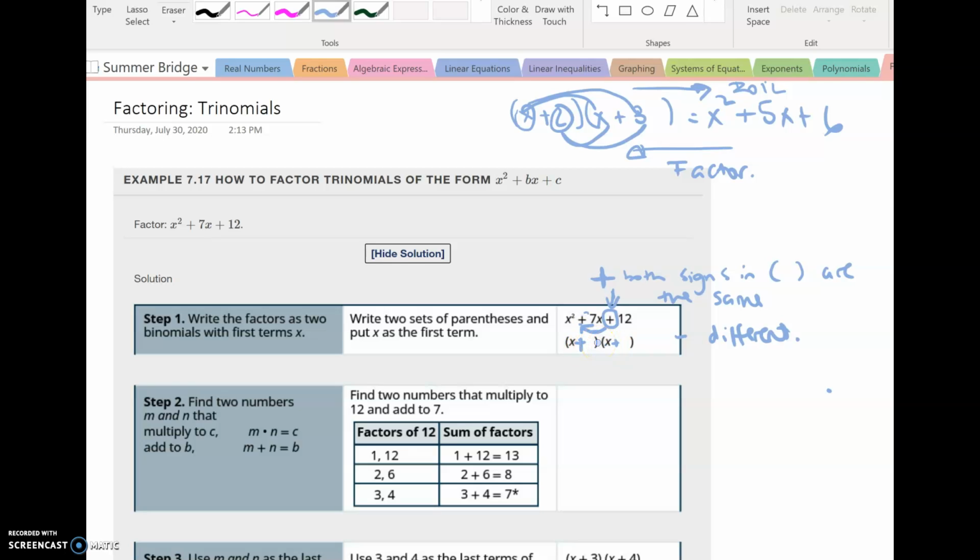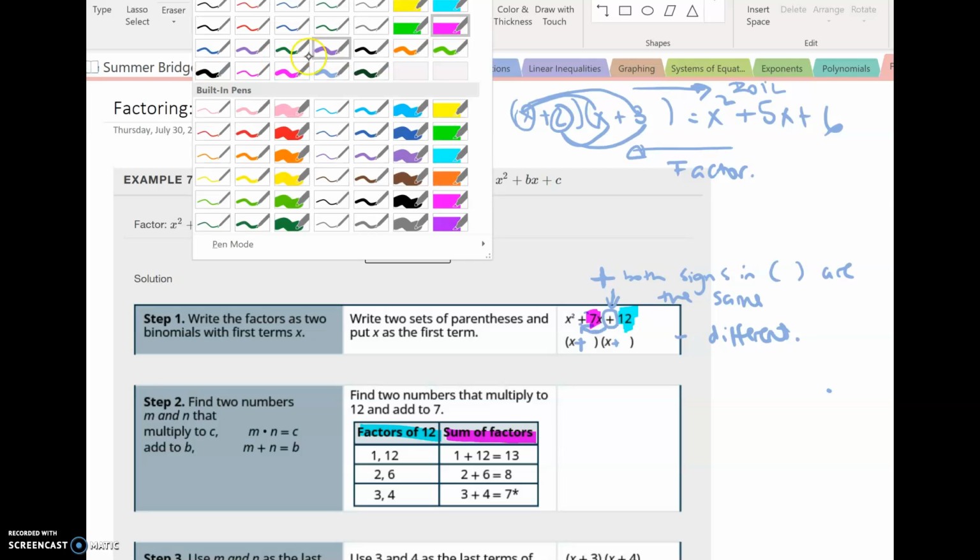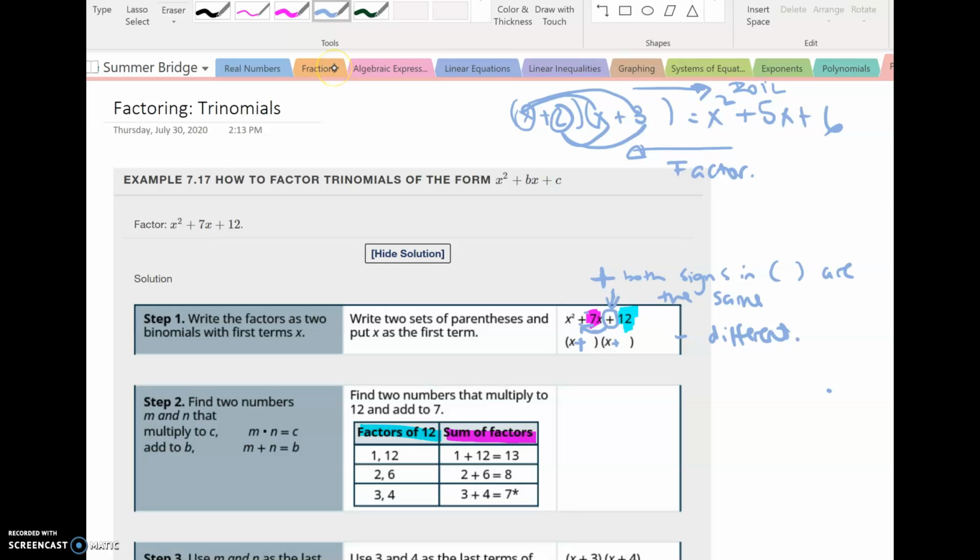The next thing that we do is we take a look at the 12. Okay, so I need factors of 12 that will then add up to give you 7. Well, 1 and 12.